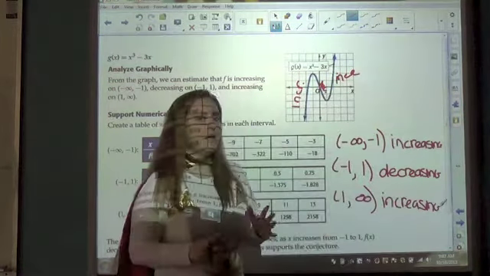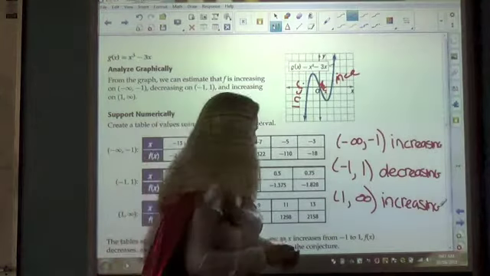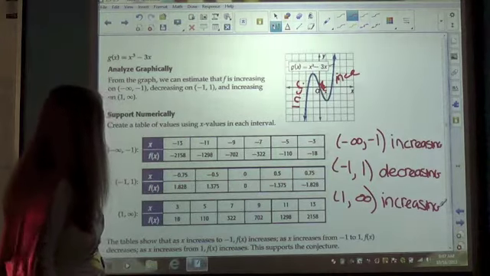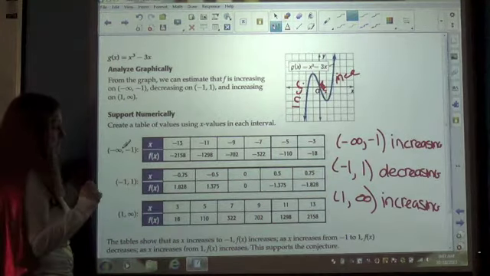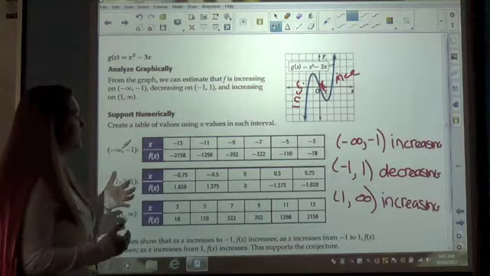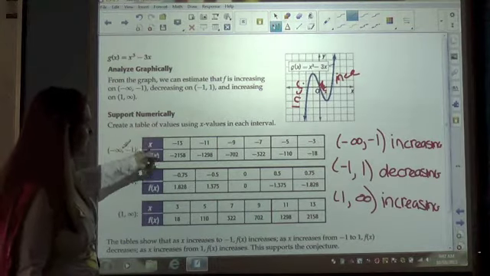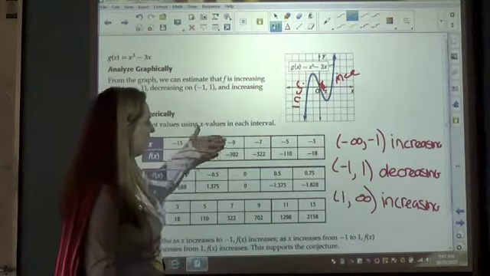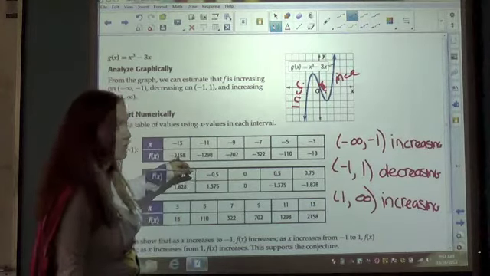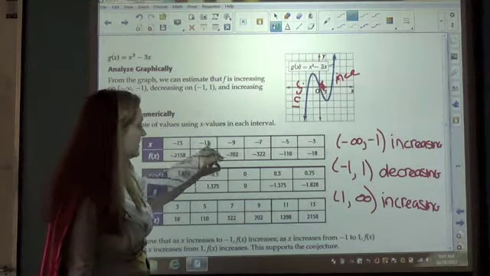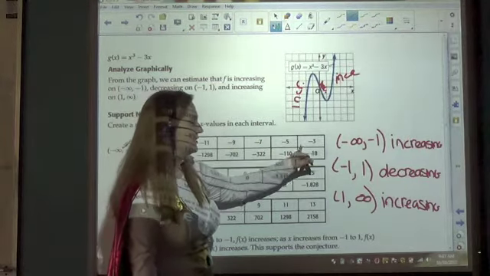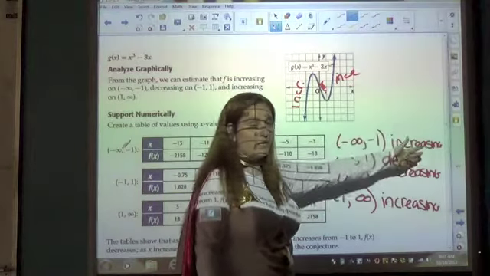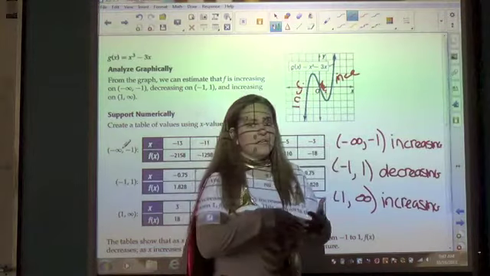So I'm okay with the increasing and decreasing, just looking at the graphs. But if you need to prove it algebraically, they have the same 3 intervals that we just put, but all you do is you start plugging in the points. Now they should have gone to negative 1. I don't know why they didn't. But you start plugging in the points, and you can see the y value, or the function value, is increasing, increasing, increasing. I could have put negative 1, still increasing, but if I would have gone to the next odd number, because they went by odds, all of a sudden the number is decreasing.